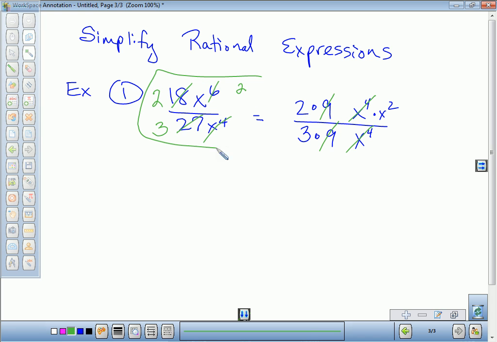Now, this way, to me, is the easiest. This way shows what's happening, but you don't have to do it that way. This way is the easiest. So you look for a number that divides into everything, and then you look for any common variables and reduce them. So this simplifies to 2x squared over 3.